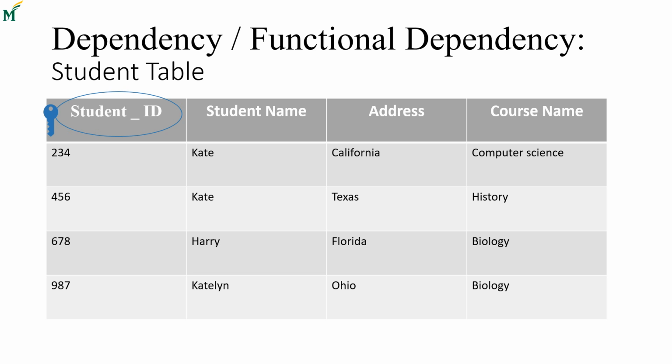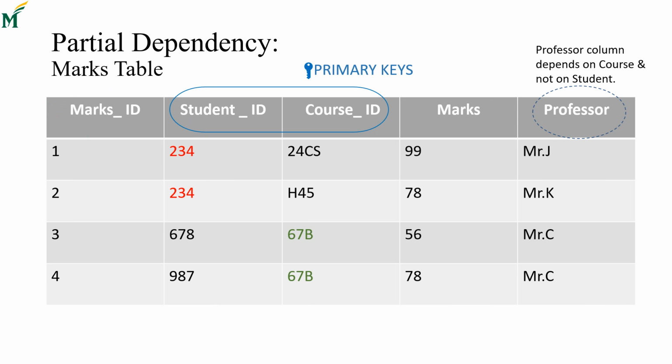The student ID column acts as a primary key to fetch information from this table even with the same student names. So the primary key might be a single column or group of columns to uniquely identify each row in a table. Here is an example of a Marks table.